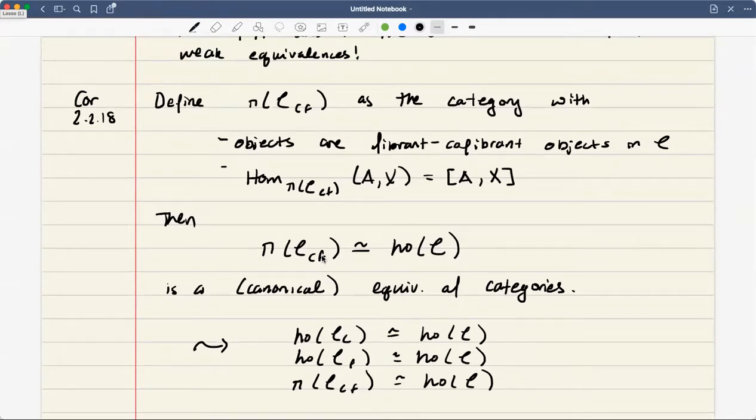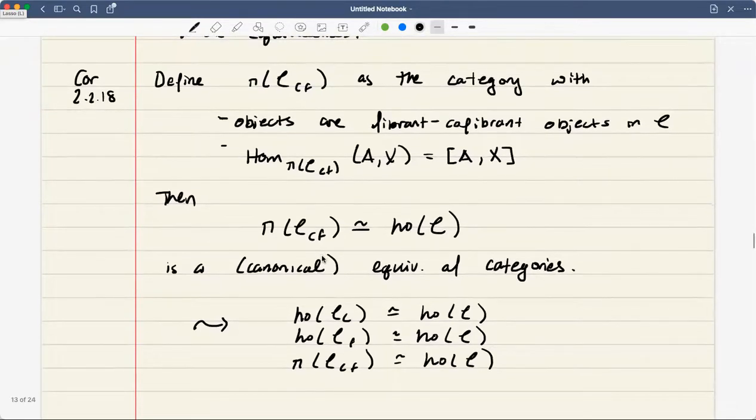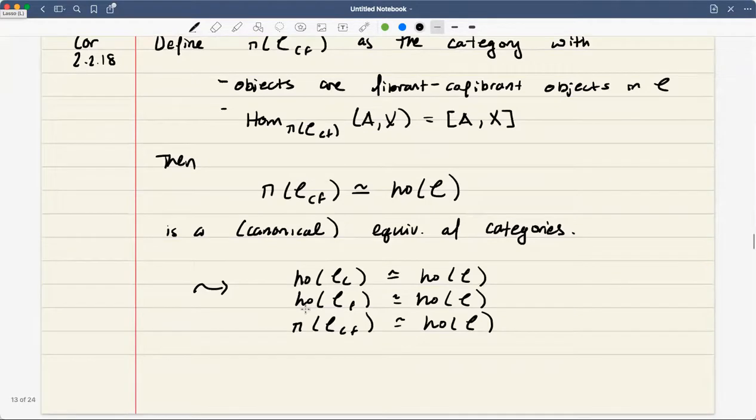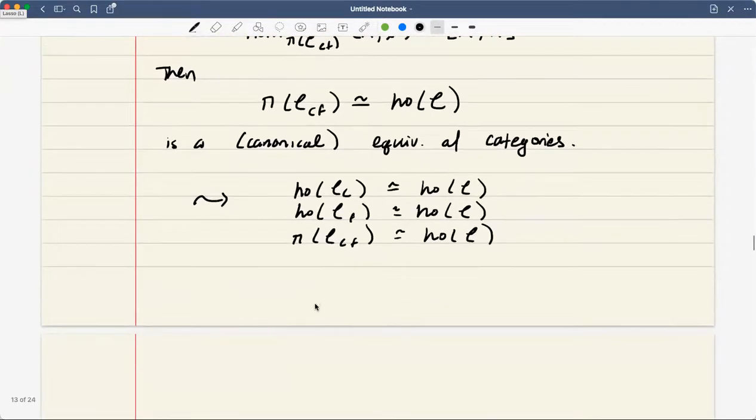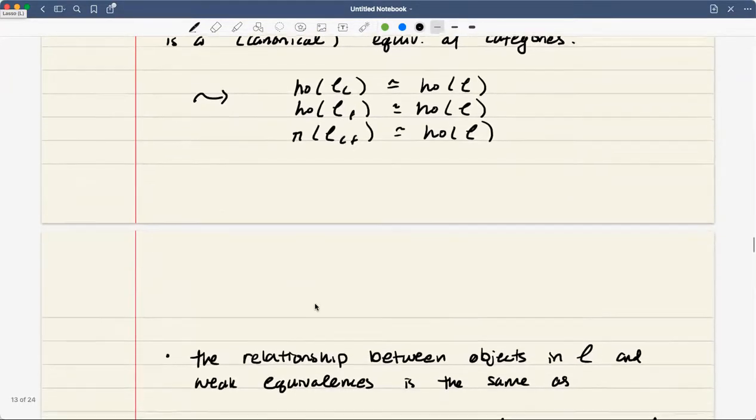Again, left homotopy equivalence between cofibrant fibrant objects is highly reflective of the relationship between all objects and weak equivalences between all objects. So as a summary, these three categories are all equivalent to the homotopy category.